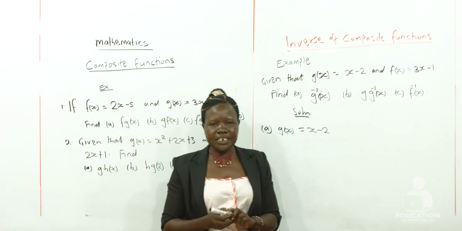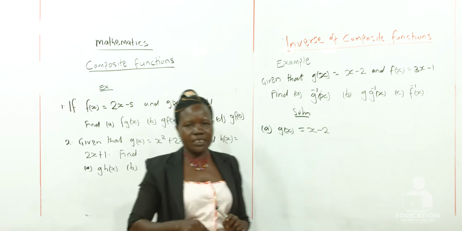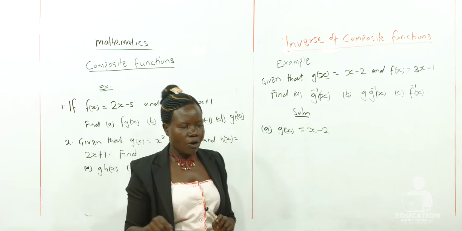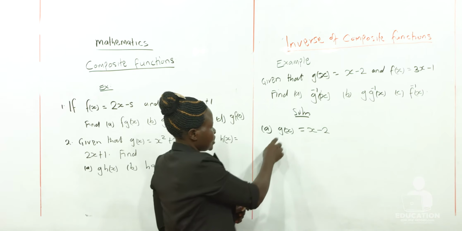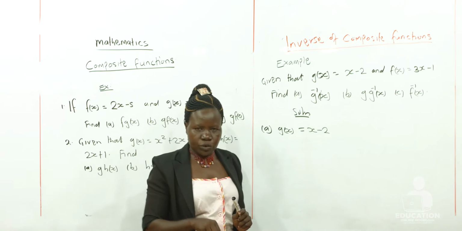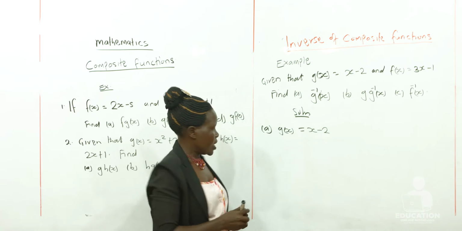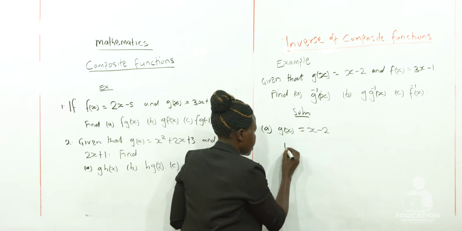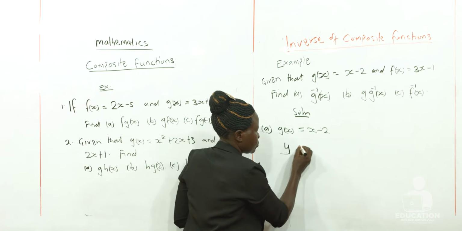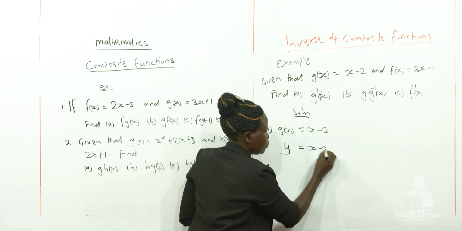We said that in a relation of functions, we look specifically at x and y. So where there is g(x), we substitute y, and we shall have our equation as y equals x minus 2.